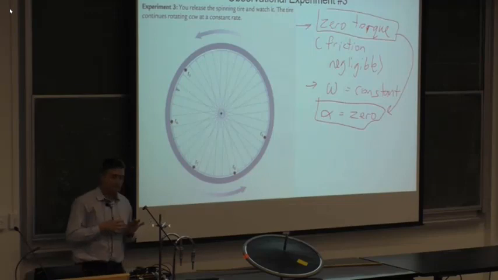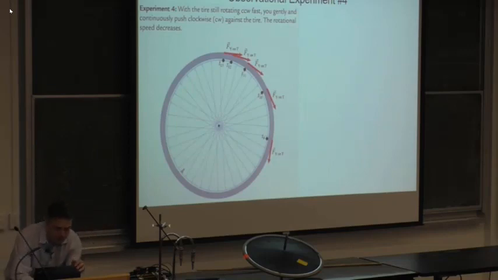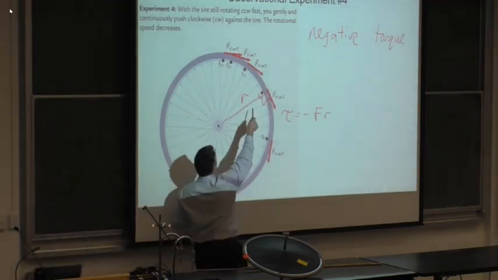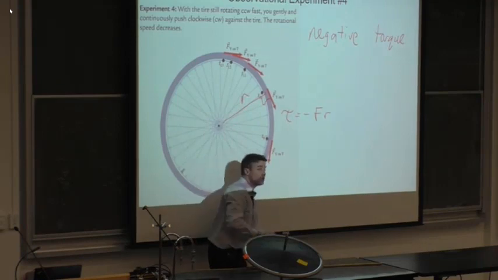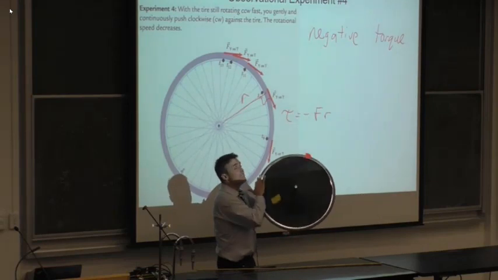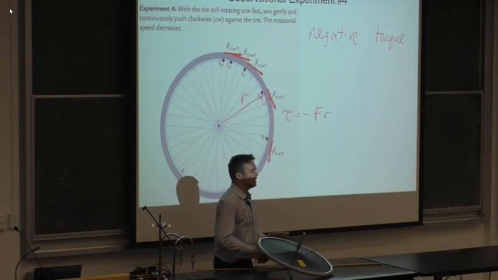Make sense? And then the last experiment is that you slow it down. So you're now applying a force. If this is R and this is theta again, the torque is equal to negative F times R. This is a negative torque. If you look at the numbers on the T's, it starts off at T9, T10, T11, T12, T13. So it's actually still rotating counterclockwise. Omega is still positive, but it's decreasing. So what does that mean again?